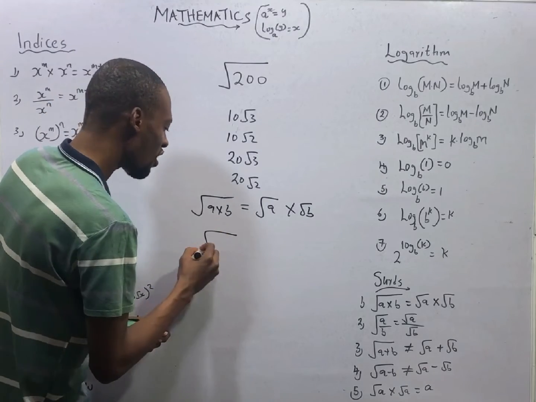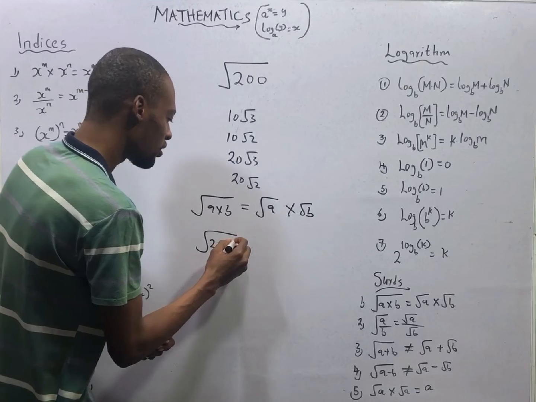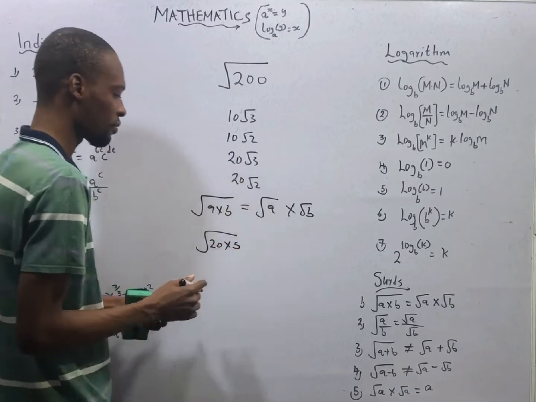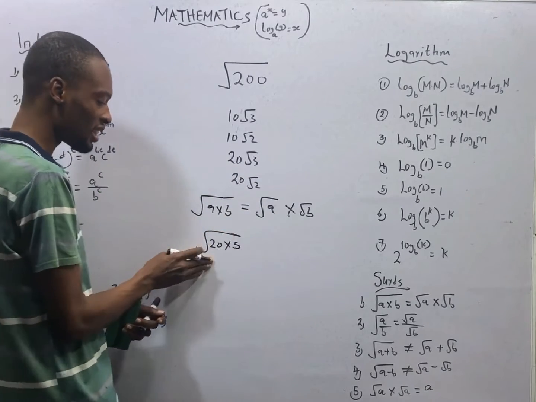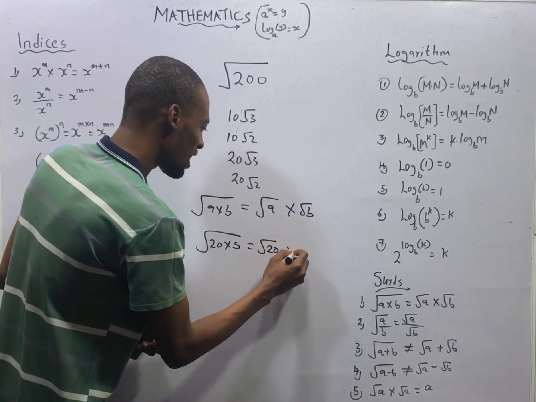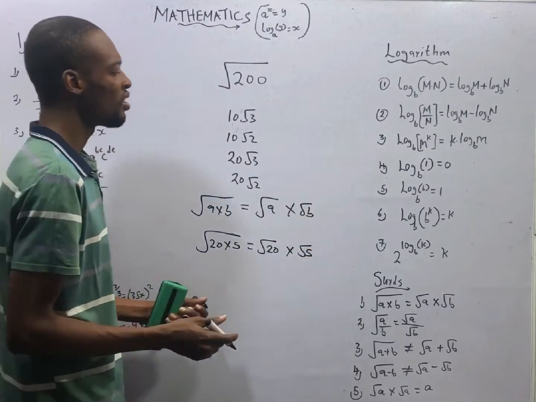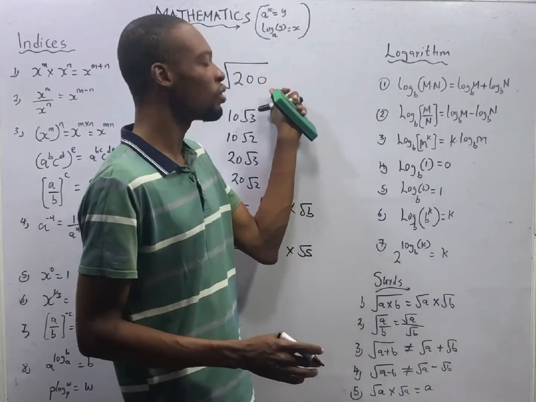So let's call a 20 and let's call b 5. If you have something like this, it is the same thing as the square root of 20 times the square root of 5 separately. With this idea, you look at 200.